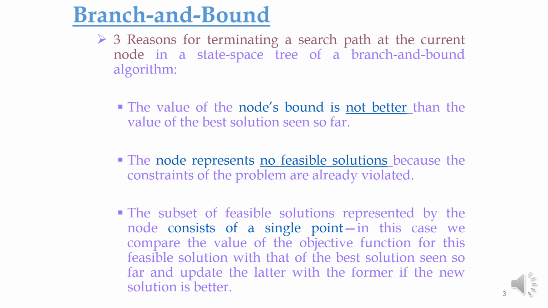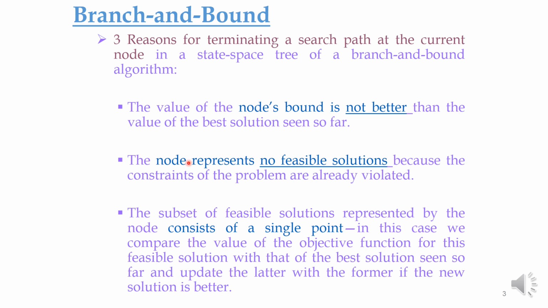The branch and bound technique uses the state space tree concept. Here we start with the initial node and expand the node with its children, and we need to stop that particular node if any one of these three conditions is met. First, if that node's bound is not better than the value which we have already got, we can terminate the node.